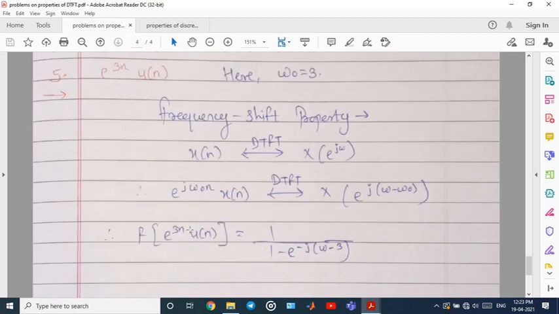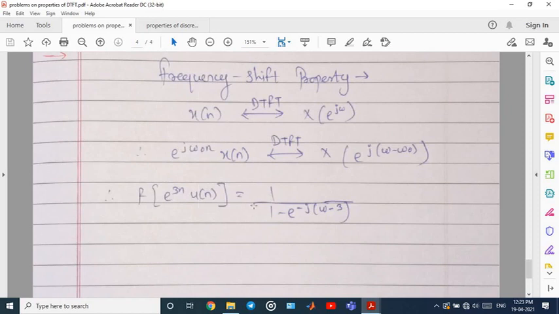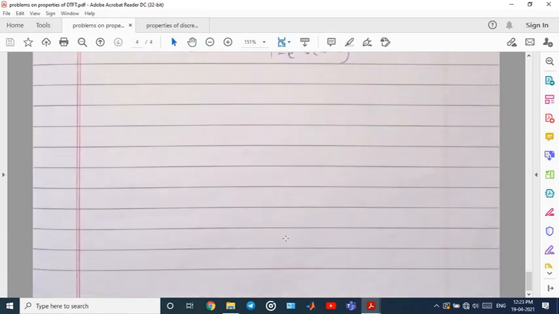The formula is 1 upon 1 minus e to the power minus j omega. Just give a shift of omega minus omega naught, which is 1 upon 1 minus e to the power minus j. In place of omega, write down the shift: omega minus omega naught is plus 3. Simple. This is the problem.